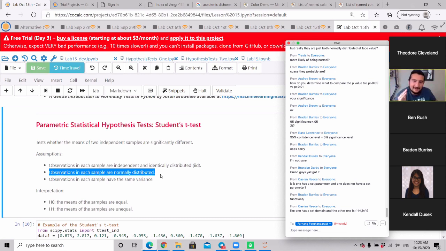In an example like the one that we are dealing with, that's not going to be too much of an issue because, first of all, the numbers were not real, they were generated. And second of all, we have already checked and we know that they are probably normally distributed. In many real cases, that doesn't happen.